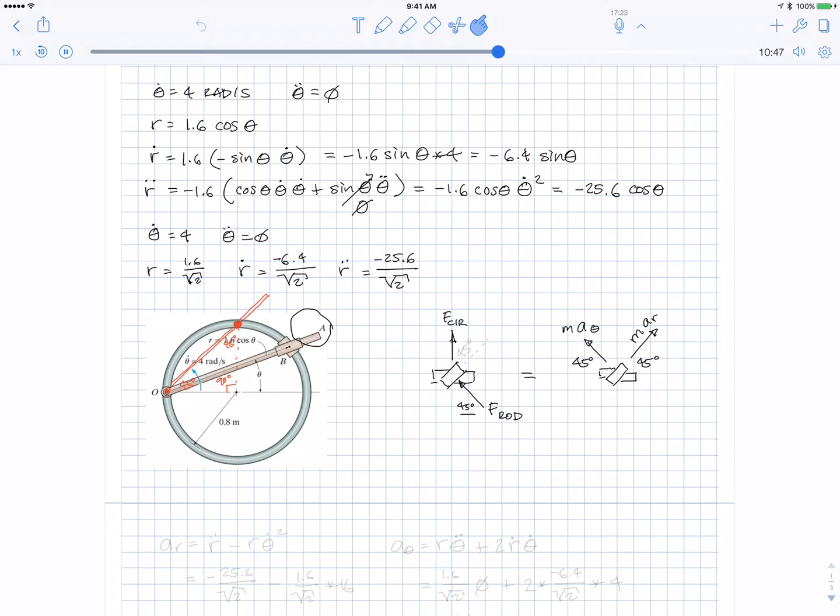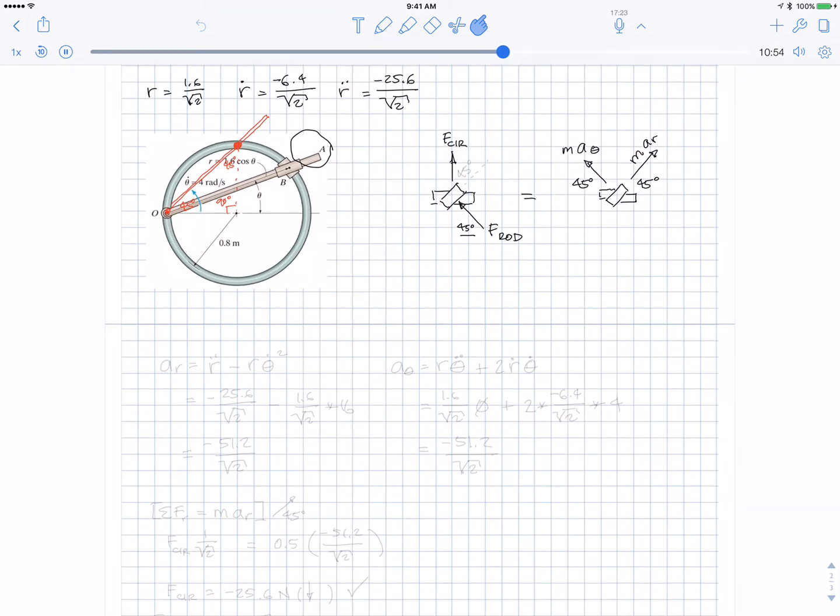Okay, so we're ready to go. We just have to remember what a_r and a_theta are, and we've done this several times now. The radial acceleration is r double dot minus r theta dot squared, so the acceleration going out minus the centripetal coming in. And the theta acceleration, remember, is just the radius times the angular acceleration plus the weird r dot theta dot twice.